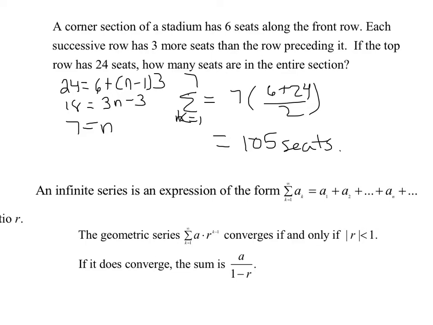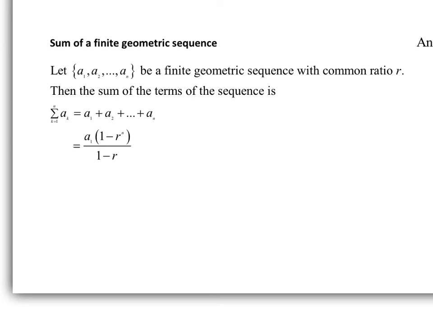Okay? So let's look at geometric now. Sum of a finite geometric sequence. Okay. So let a sub 1, a sub 2, a sub n be a finite geometric sequence with common ratio r. Then the sum of the terms of the sequence is first term times 1 minus r to the n divided by 1 minus r.